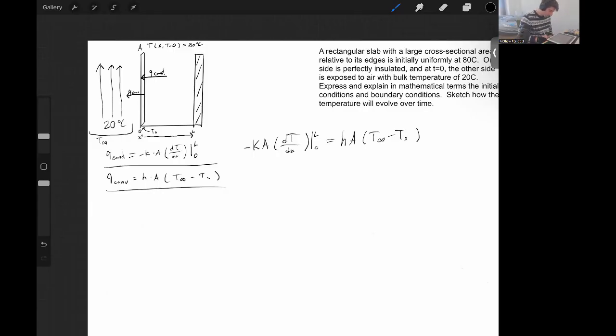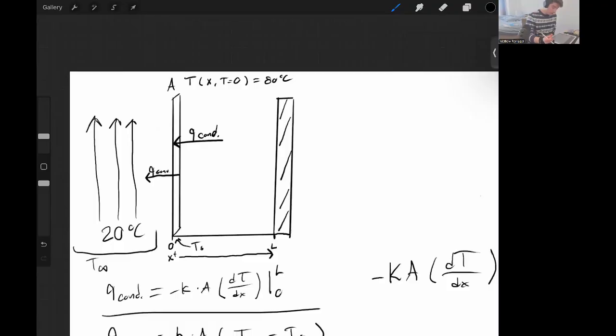Okay, so now that we have this equation, how can we apply some more common sense to make this profile? Well, if we're going to make a profile, we already know what the right side is going to look like. At any point, at any temperature, the slope on the right side will always equal zero. Why is that?